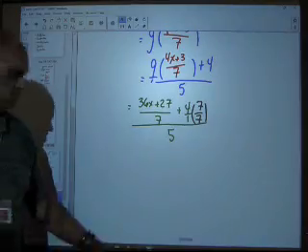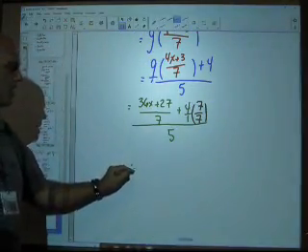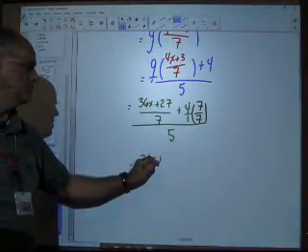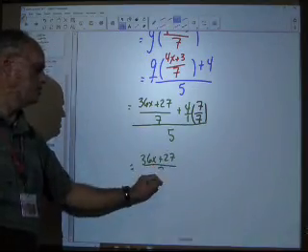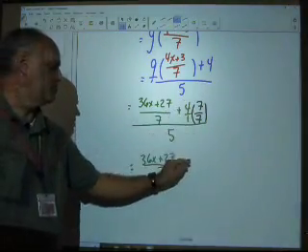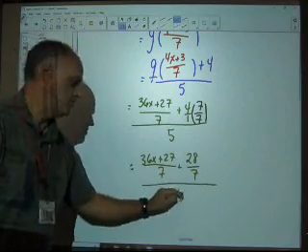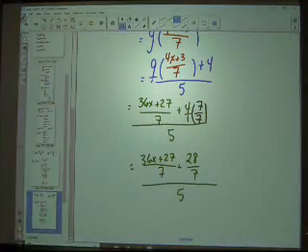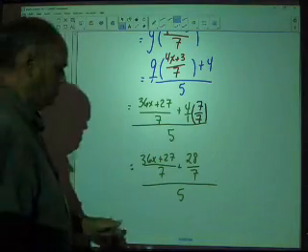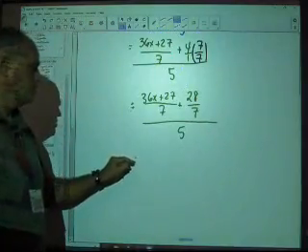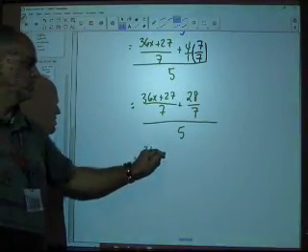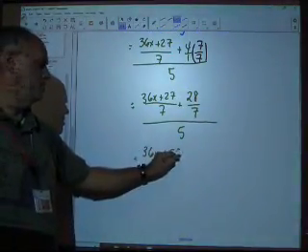Correct? So now we have 36x plus 27 over 7 plus, and 4 times 7 is 28 over 7, all over 5. I do now have the same parts there, so I can take 27 plus 28, and I'm going to have 36x plus, what was that, 55?